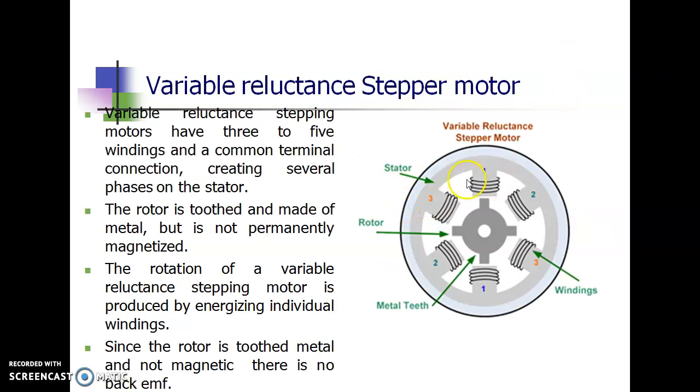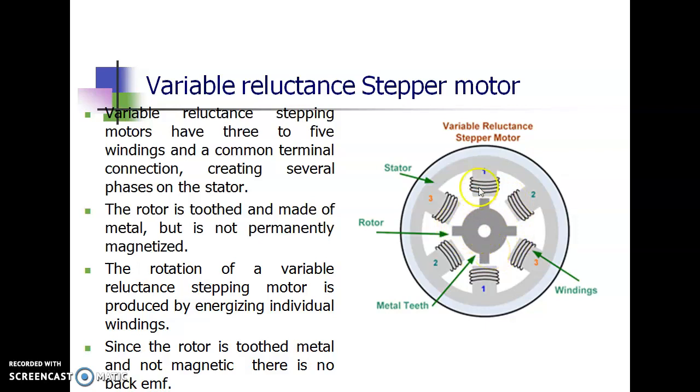In a variable reluctance stepper motor, we again have stator windings similar to the PM type, but the rotor is a toothed metal. It is toothed, but it is not a magnet. It is made of metal and is not permanently magnetized.